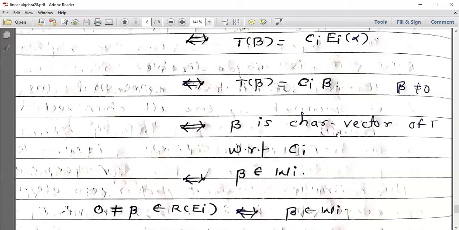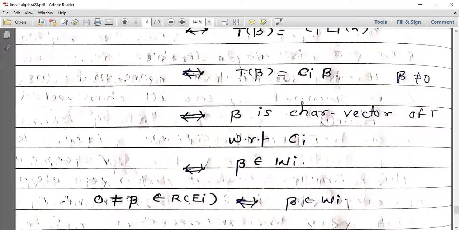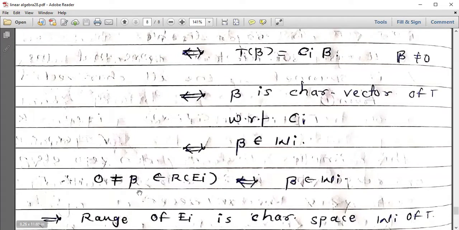Which implies beta is the characteristic vector of T. This beta is the characteristic vector of T with respect to Ci. It implies beta belongs to Wi. This implies that for non-zero beta which belongs to range of Ei, beta belongs to Wi.